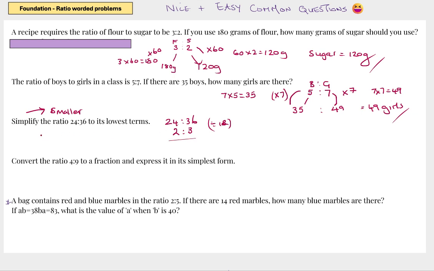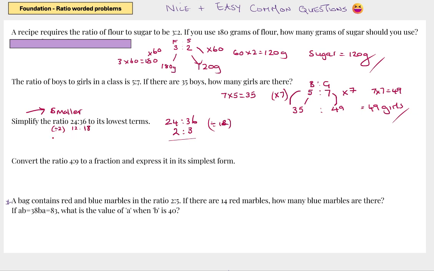If, for example, you didn't understand what simplifying was, what you'd do is start by 2, divide both by 2, which gives you 12 to 18. 2's into 12 goes 6, 2's into 36 goes 18.